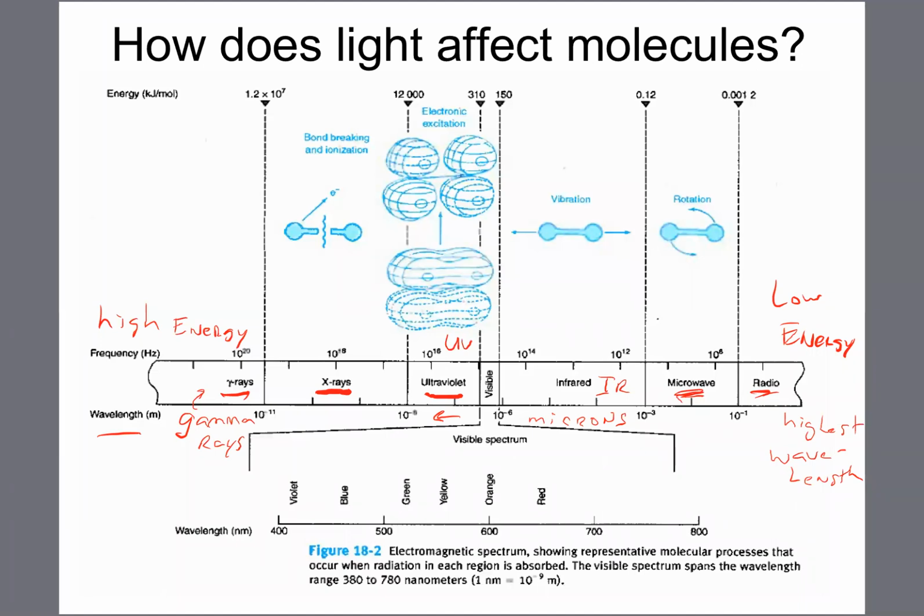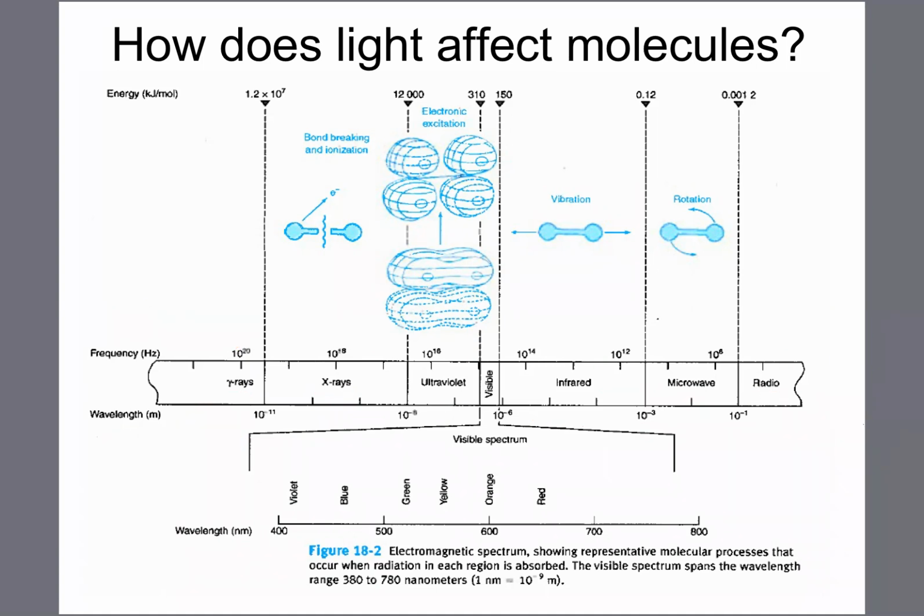Now, how do these different types of waves affect molecules? That's our next question, right? They affect them in very different ways. Okay, now let's talk about the gamma rays and the X-rays first.